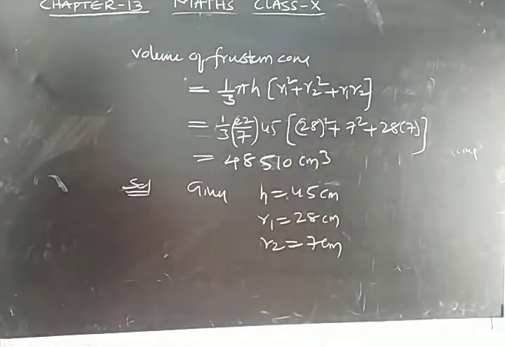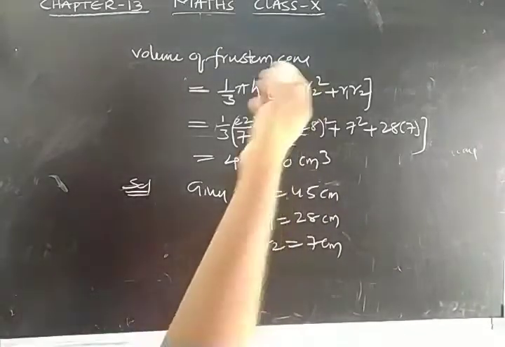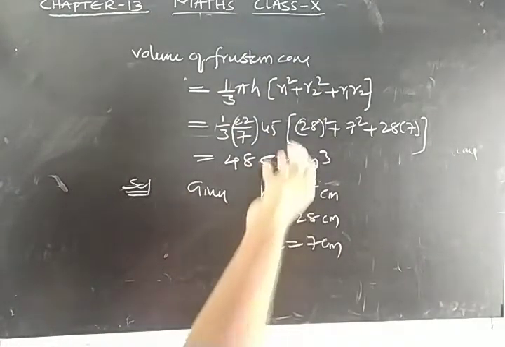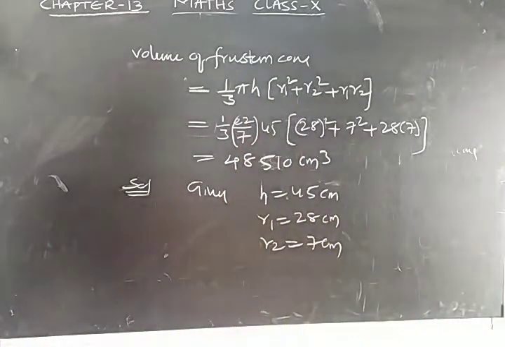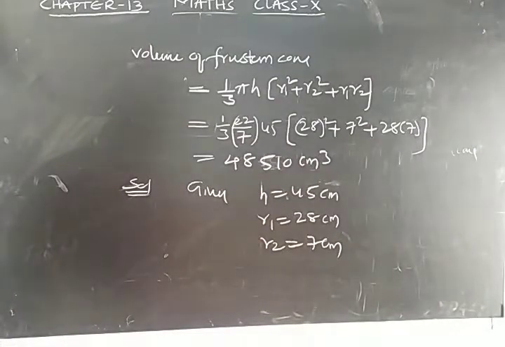This is the volume of the frustum cone. I just substituted the given information in the volume formula, in place of h I substituted 45, and after simplification you get 48,510 centimeter cube.